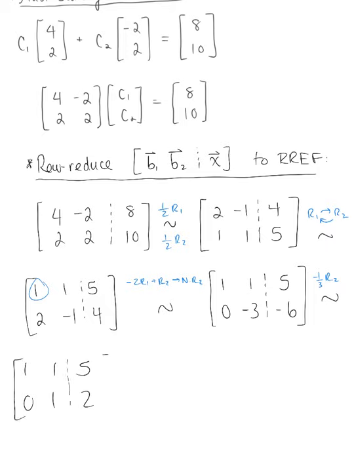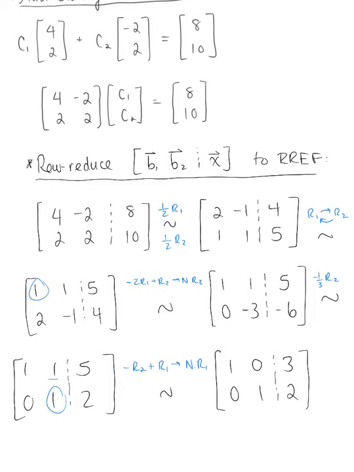And we're almost there. So last but not least, again, looking at our second pivot position here, we can use this to eliminate the entry above by doing minus the second row plus the first row to attain that new first row. So we have 1, 0, and then we have negative 2 plus 5 is 3, and the second row remains as it is, 0, 1, 2.